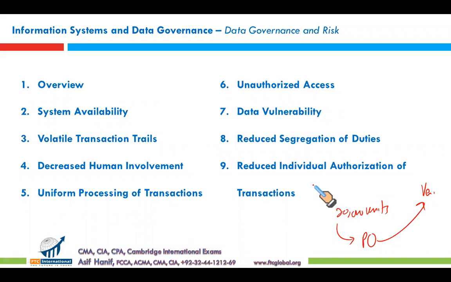Now, since the system has generated the purchase order itself, ERP, Enterprise Resource Planning systems can generate purchase orders themselves without human intervention. This is sometimes necessary. It speeds up our working, but sometimes human oversight is essential.